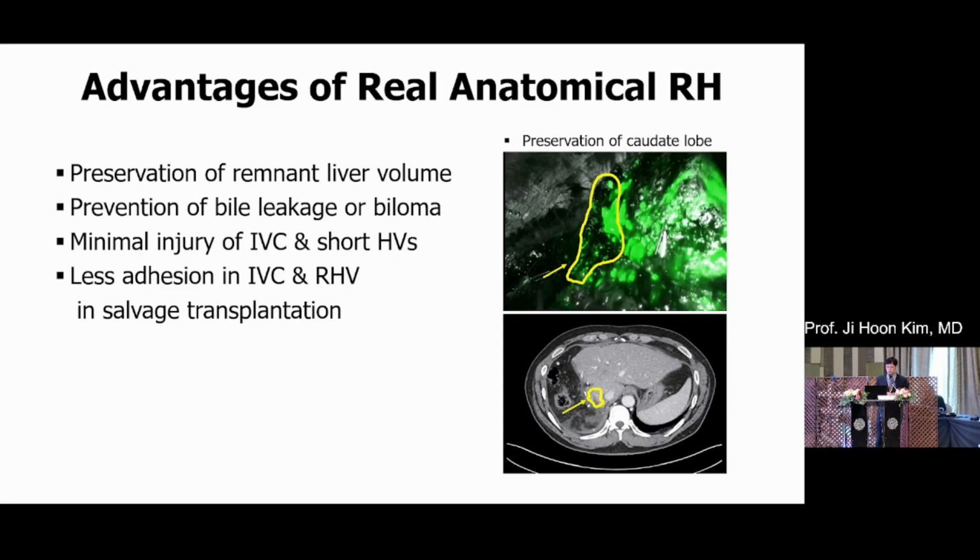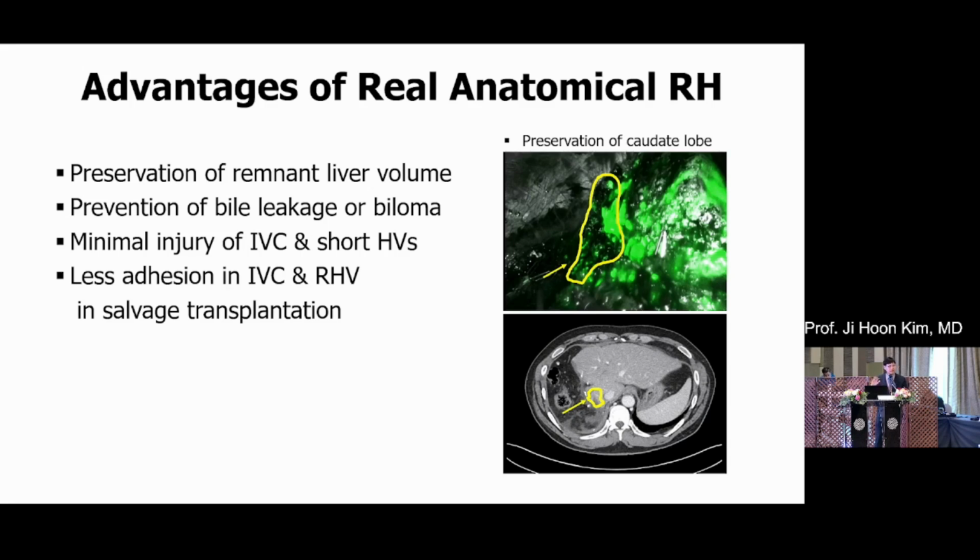With this right hepatectomy, the preserved remnant liver volume includes segment 4 or 5, or a large caudate lobe, which is 10% of the preserved remnant liver volume. In many cases, conventional right hepatectomy leads to bile leak and seroma, but this area, the paracaval portion, is not an anatomic plane, so it helps prevent bile leak and seroma.